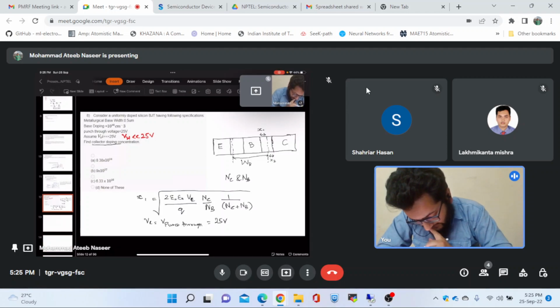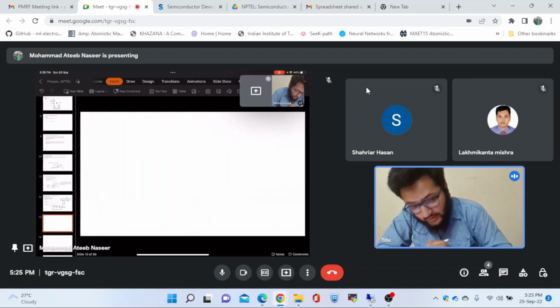Now we know the values for almost all the quantities except this NC, because punch through will occur when the junction from the emitter side and the junction from the base collector side both touch each other, because at that time the base would have gone, there will be nothing like the base.